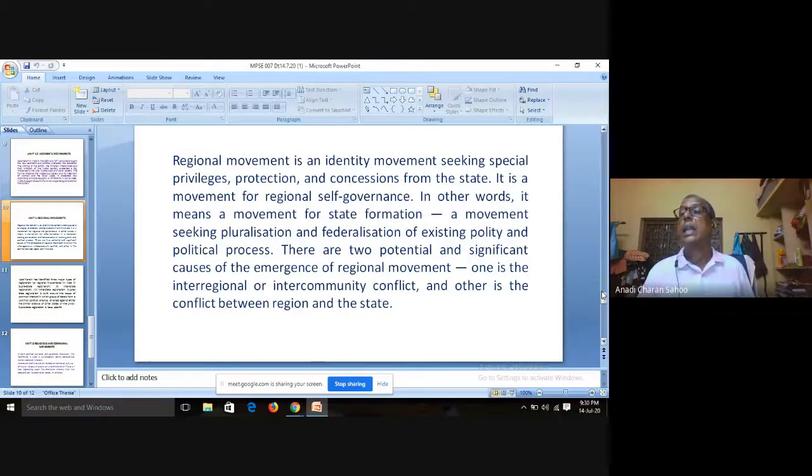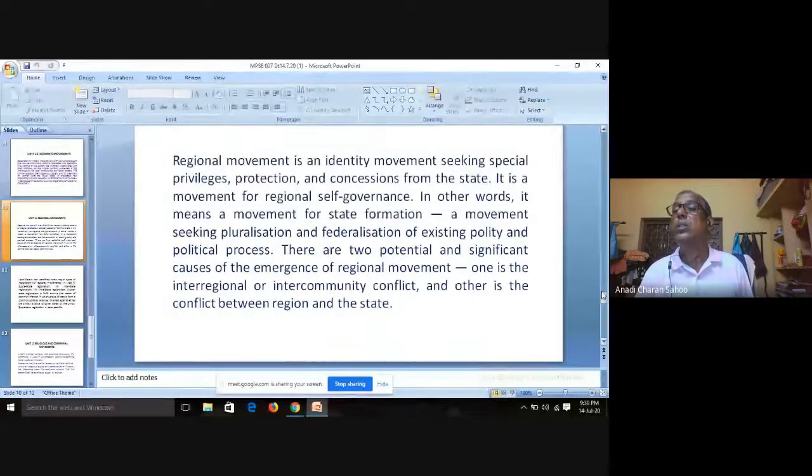Regional movements, regionalism and state formation: some causative explanation. India has been territorially reorganized into 29 states and 7 union territories.